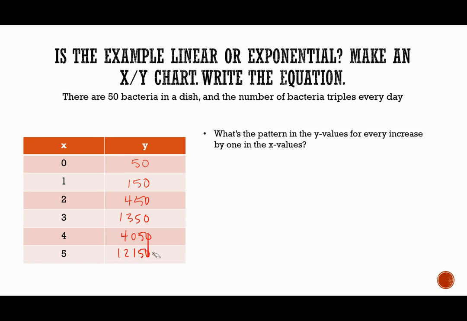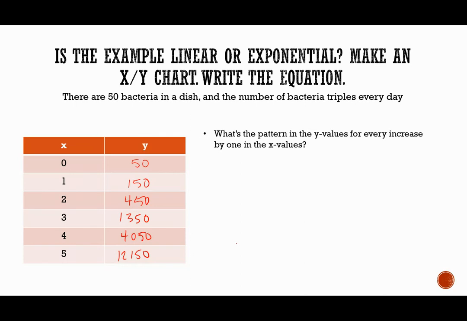Okay, so what type of function am I working with? Am I working with a linear or exponential function? To determine that, I would have to take a look. Do I have a common ratio?